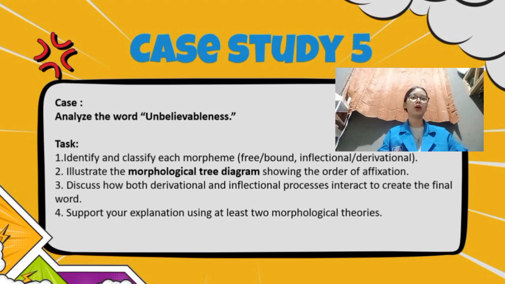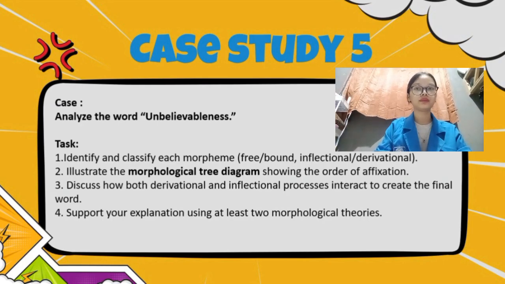And now let's move on to the last case study, which is case study 5. Analyze the word unbelievableness. The tasks are: number one, identify and classify each morpheme, free or bound, inflectional or derivational.